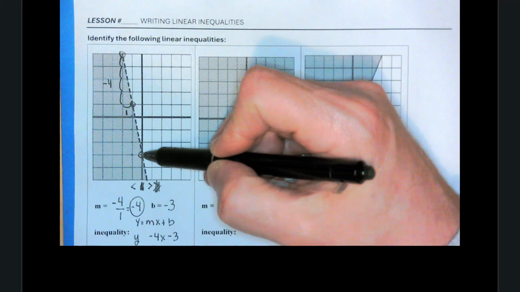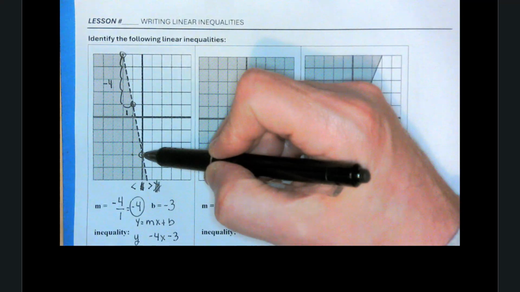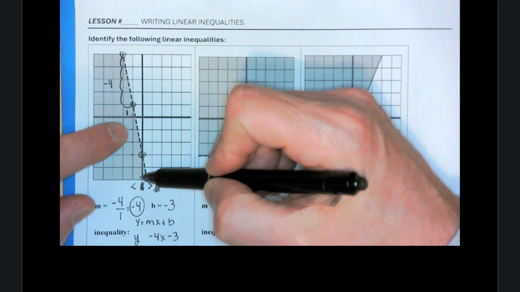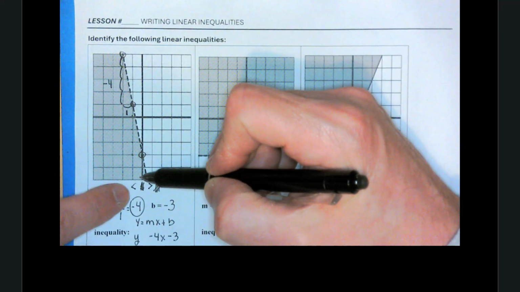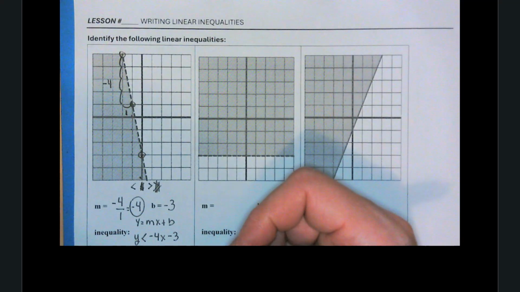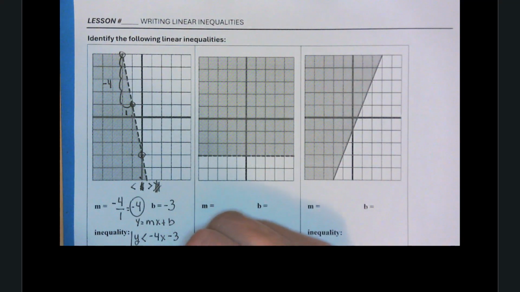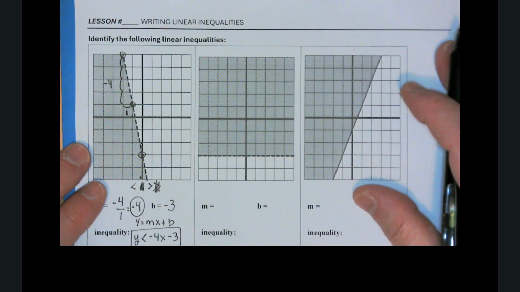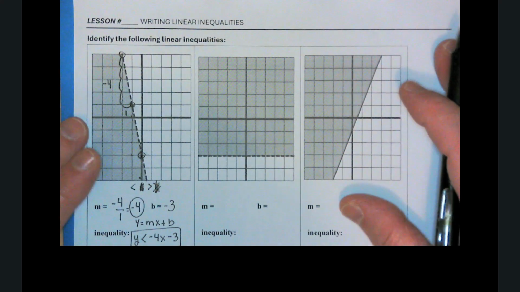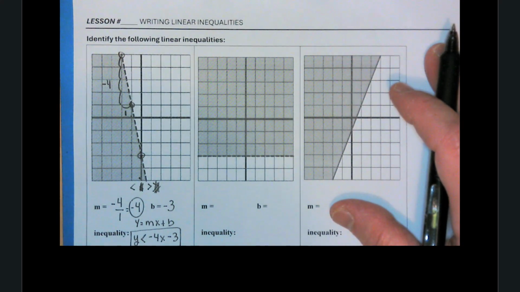And if you notice, to shade, my elevator went down, which means less than. So my symbol is y less than negative 4x minus 3. So that's the inequality of my graph here, okay?